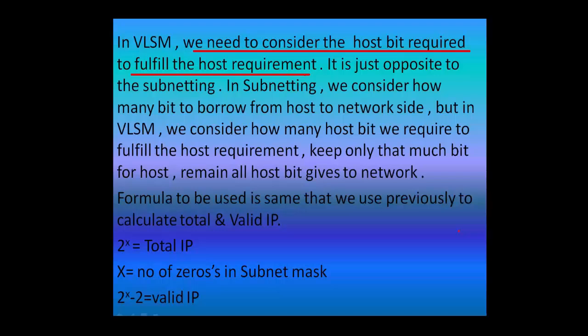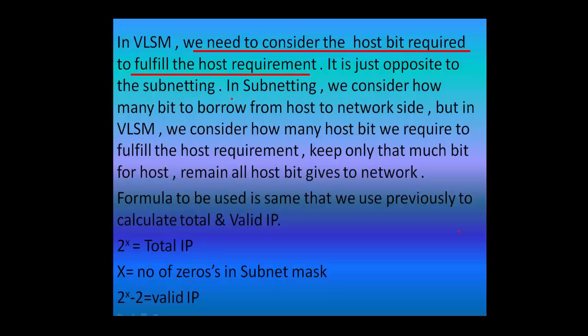Here we do just the opposite: we take care of the host bits. How many host bits do we require? The remainder is given to the network. In subnetting, we borrow bits from the host side to the network side. Now we give bits from the host side to the network side. I know it is a little confusing, but very soon when we do it practically it will be clear.